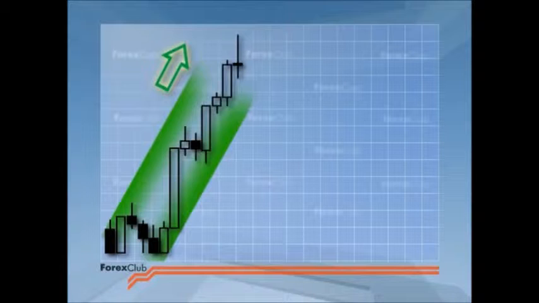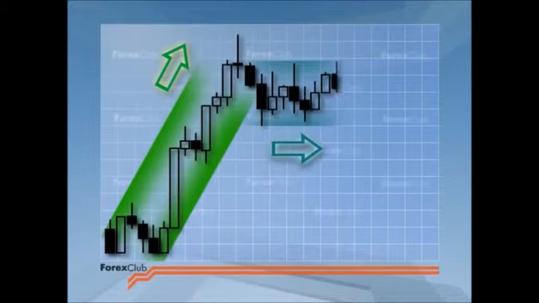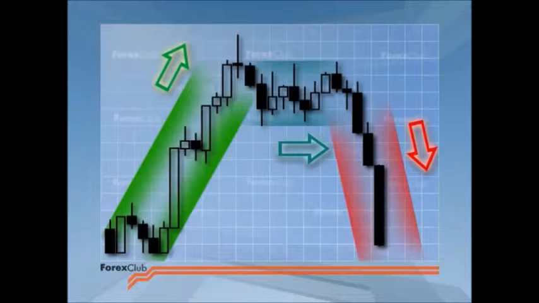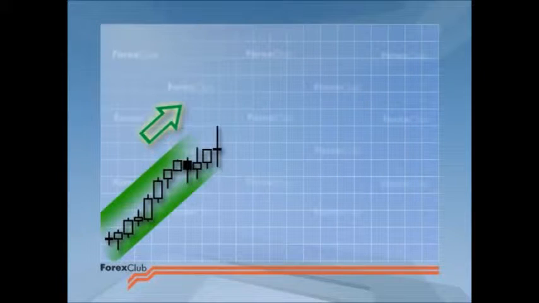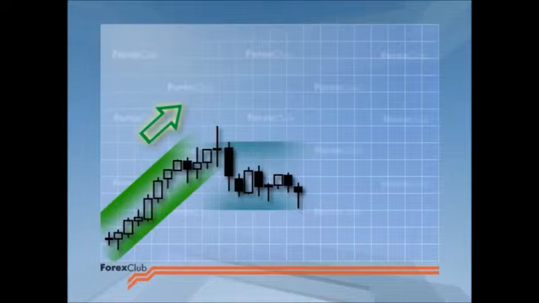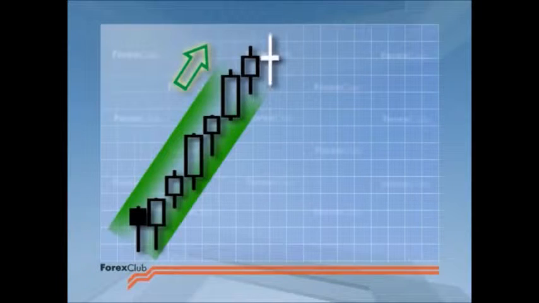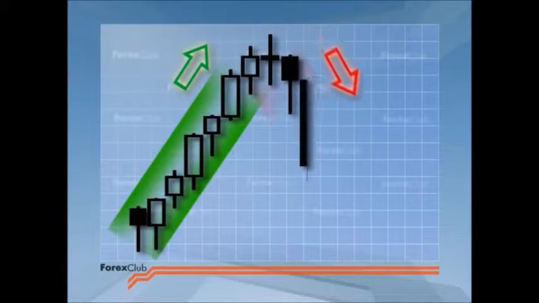Let's take a look at some reversals at the top of an uptrend. Here, the uptrend ends and prices drift for a while before a downtrend begins. And here we see that after stalling in a range for a while, the prior uptrend resumes. And here the uptrend sharply reverses into a downtrend.